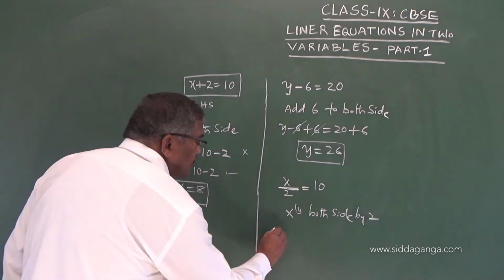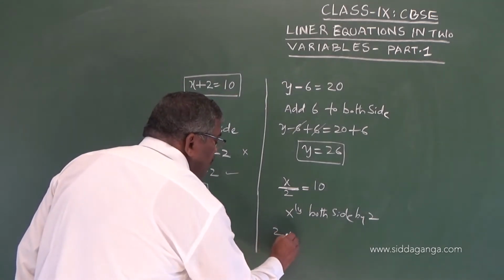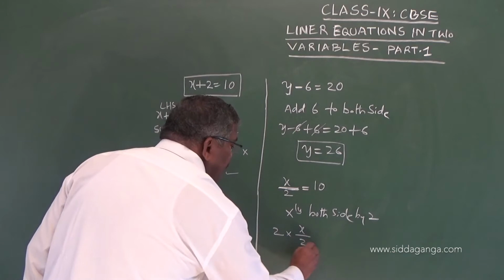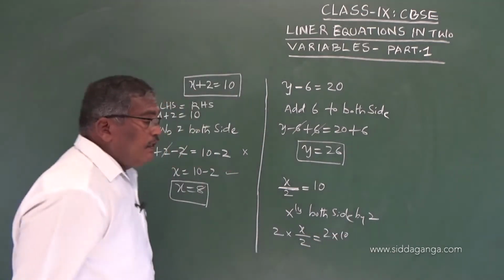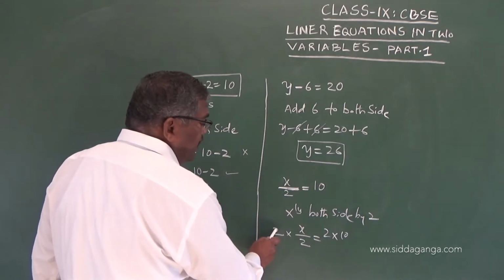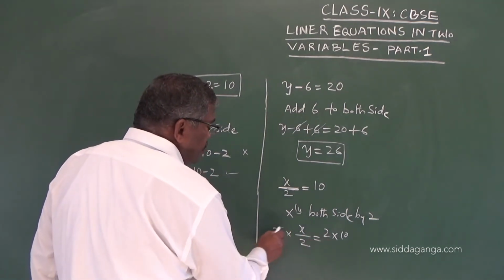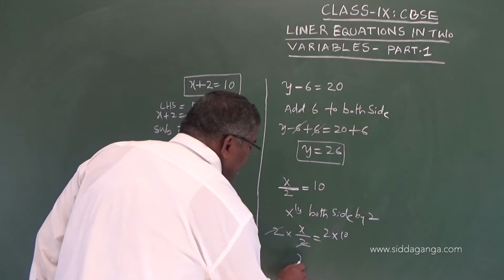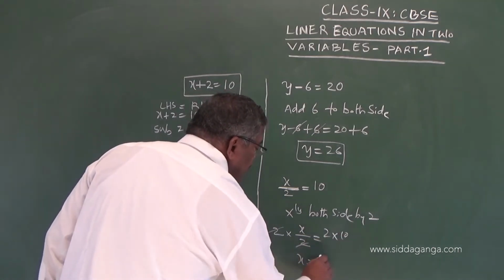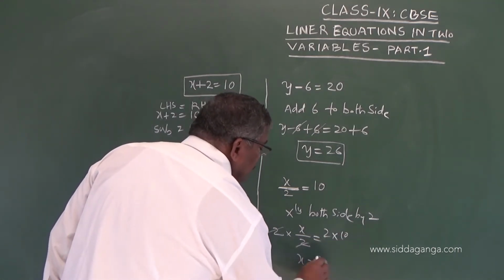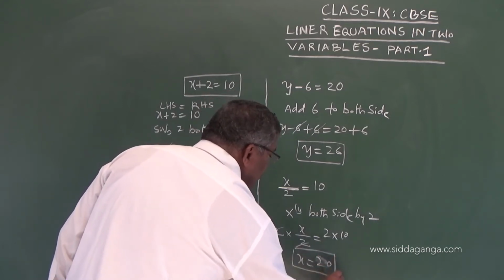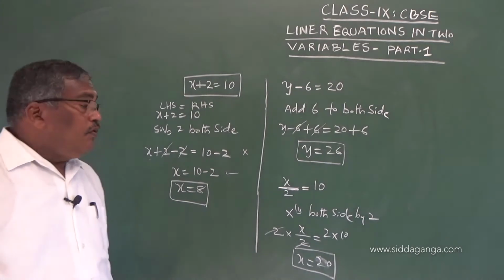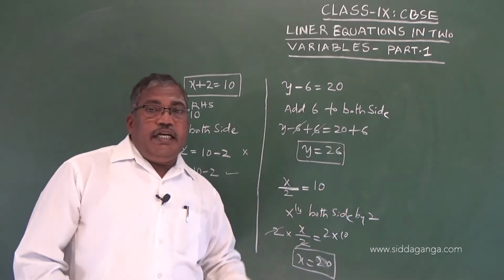By doing that we get 2 into x divided by 2 equals 2 into 10. I have multiplied both sides by 2, so this 2 and 2 get cancelled. We will get x equals 2 into 10, which is 20. x equals 20.